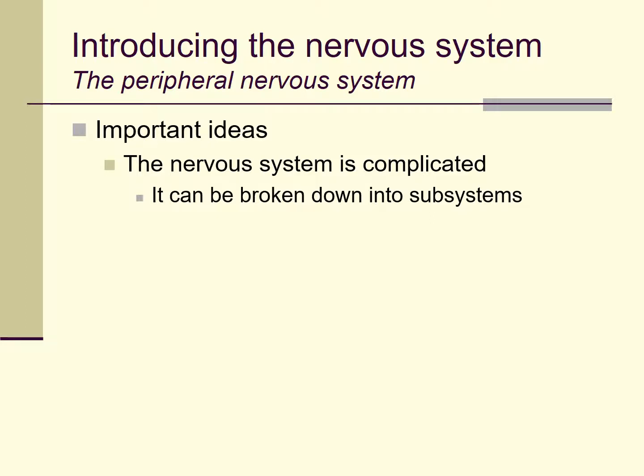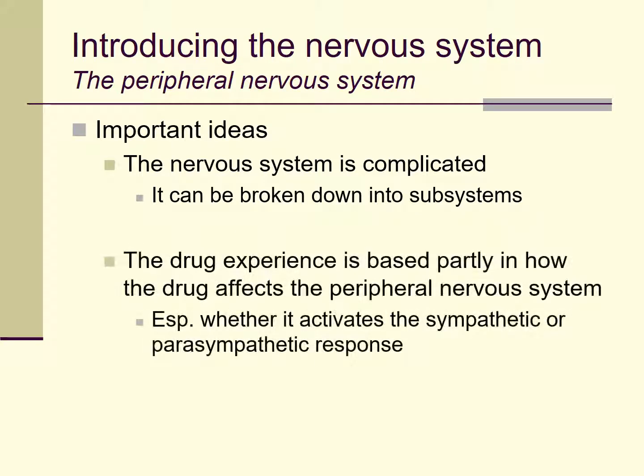it's often valuable to break it down into systems and subsystems, and that's more or less what I've been trying to do in this lecture. It's also important to connect the idea that the drug experience is based partly on how drugs affect, in this case, the peripheral nervous system.